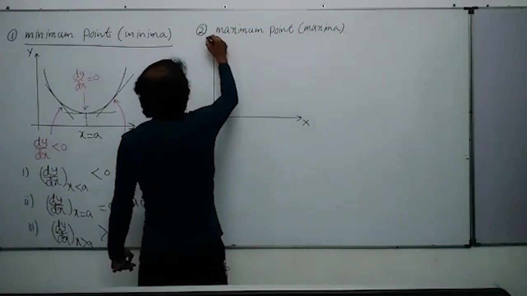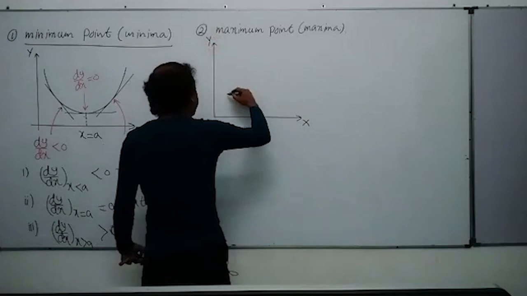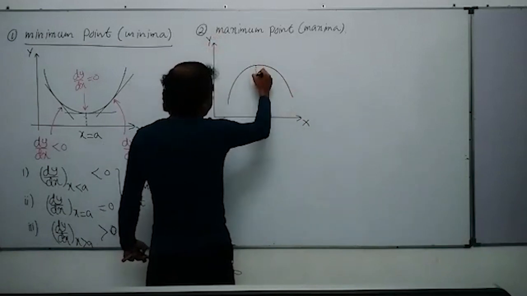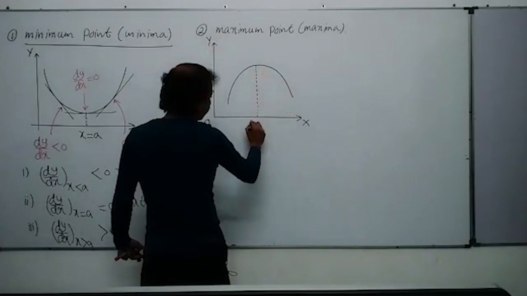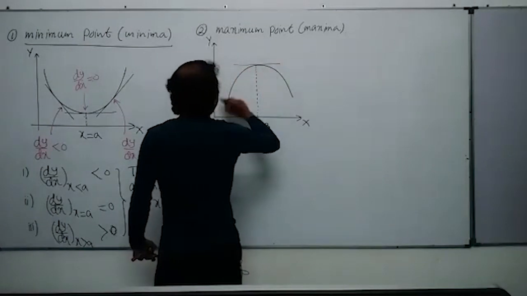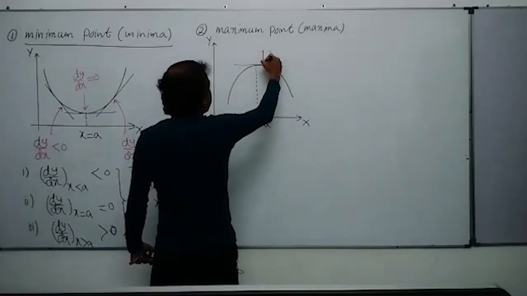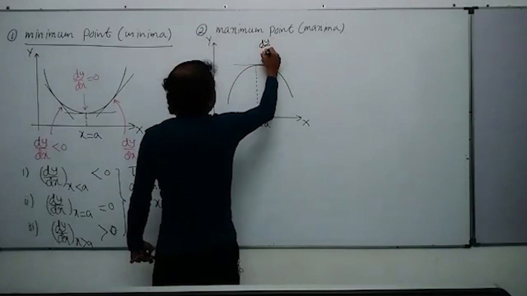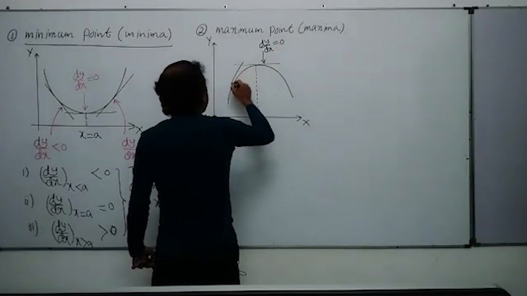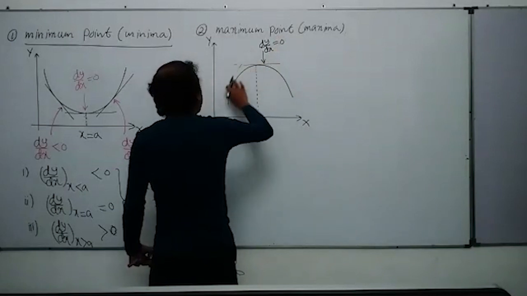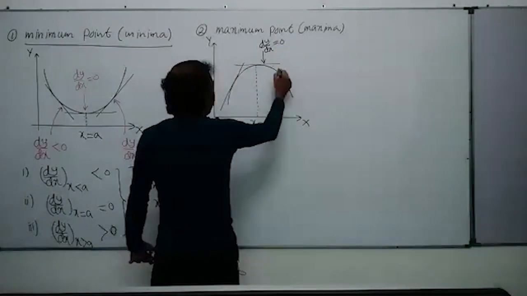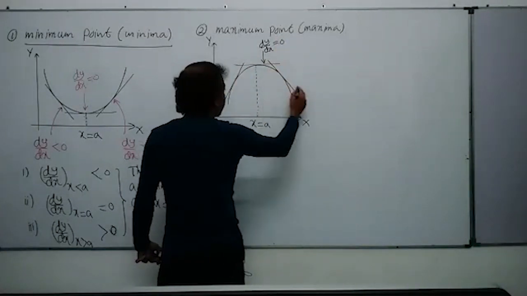X, Y, origin, this way. At x equals a, the dy by dx equals 0. Before that, on the left of that point, dy by dx positive. On the right of that point, dy by dx negative.